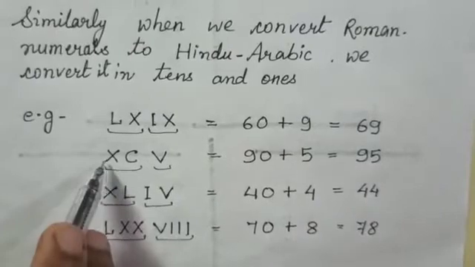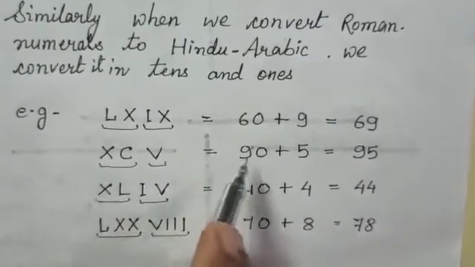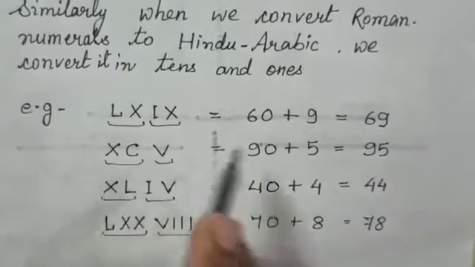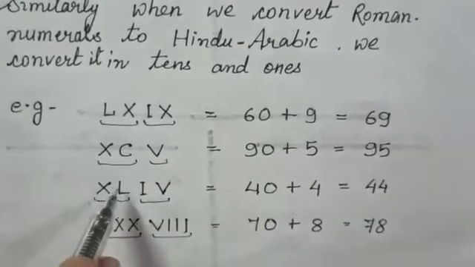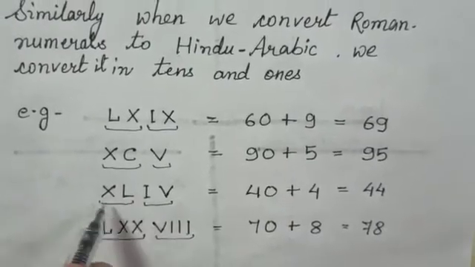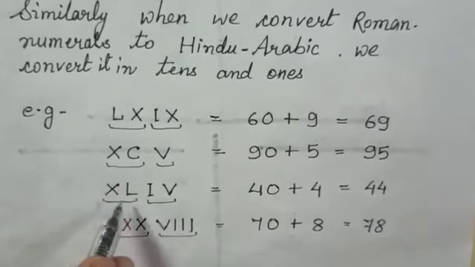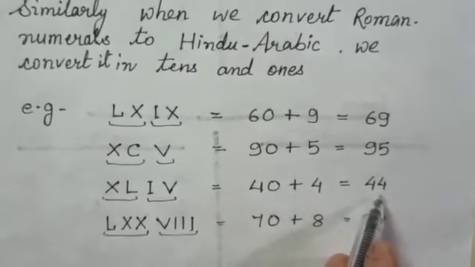Now look at XCV. XC is the tens part. It is 90 and V is the ones part, that is 5. Altogether 95. Now look at XLIV. So XL can be considered as the tens part, that is 40, and IV is 4. Altogether the value is 44.